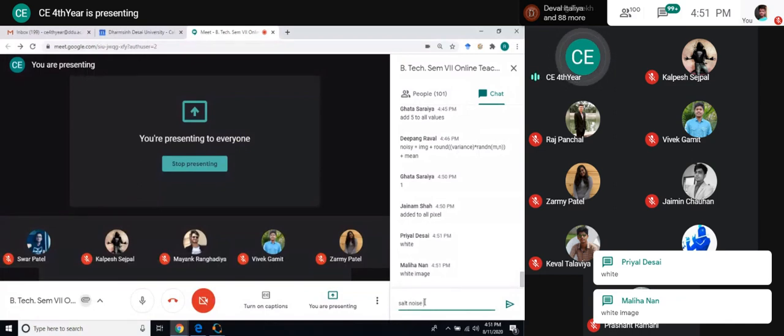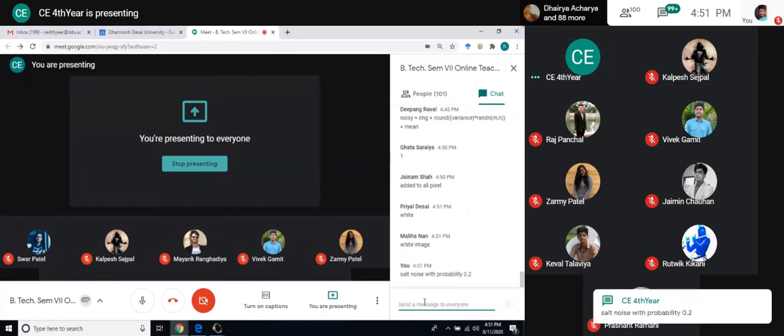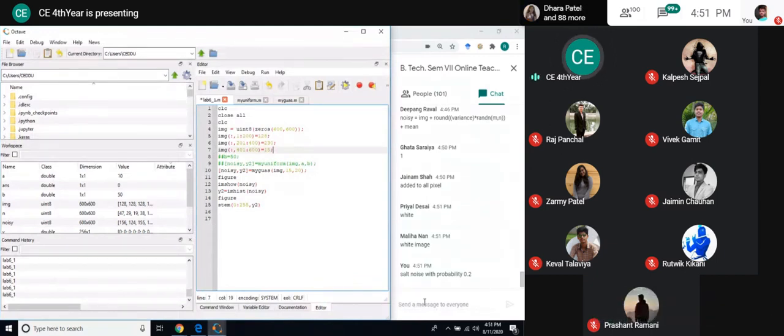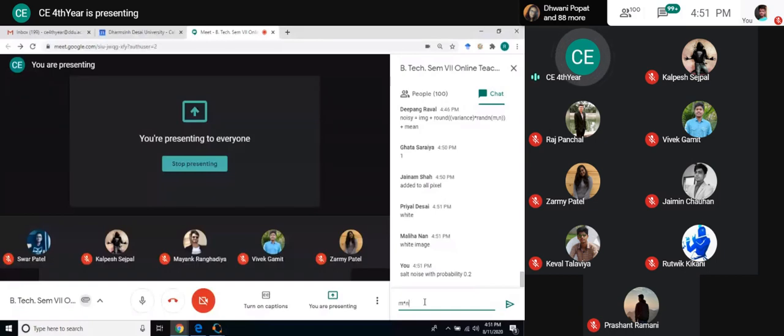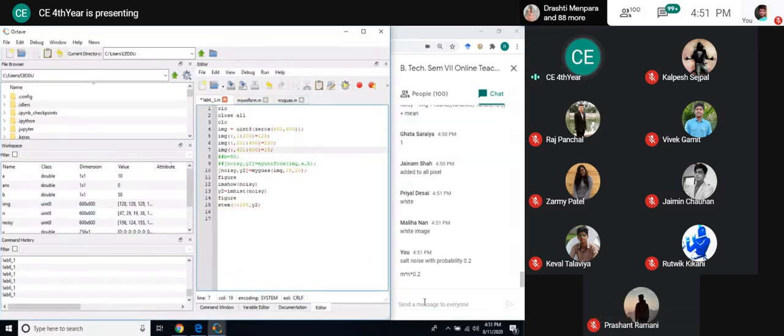So let us generate salt noise with probability 0.2. What is the meaning of that? Out of m cross n pixels, m cross n cross 0.2, that is 20% of the total pixels, should be white. That is what I want to generate.